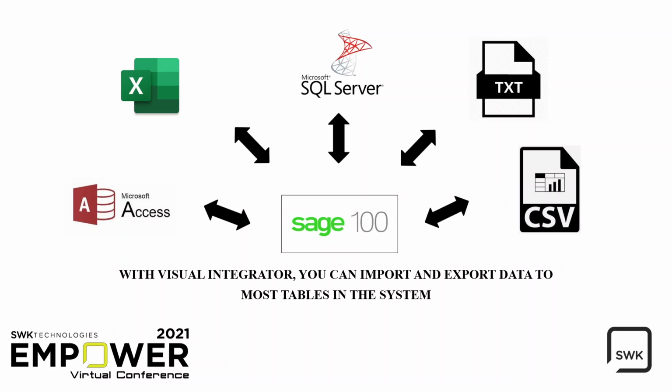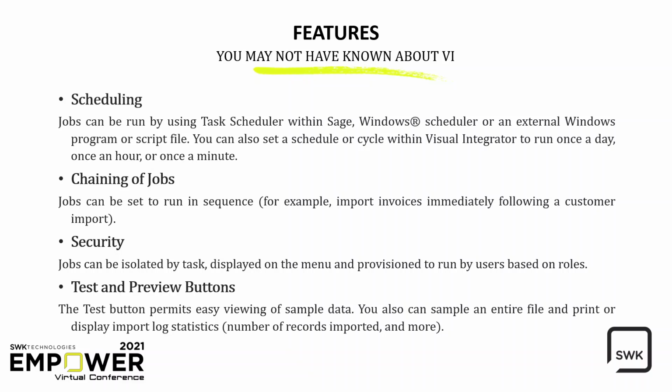So you'll see today we're going to be using a few examples of creating some import files from Microsoft Excel, and we'll be having Visual Integrator connect directly to that Excel spreadsheet to pull information from.